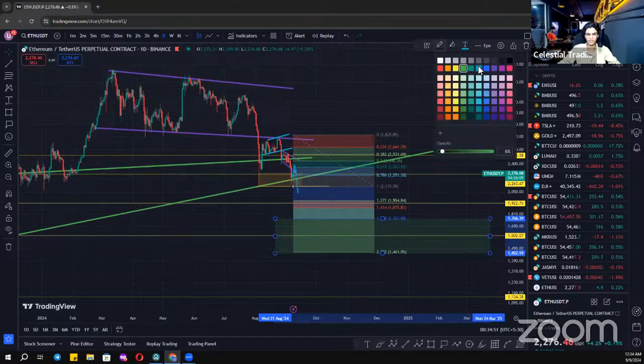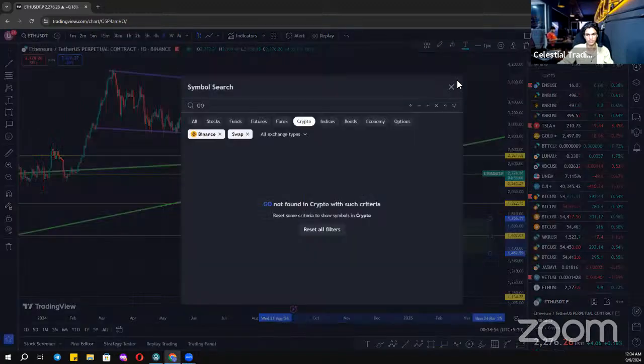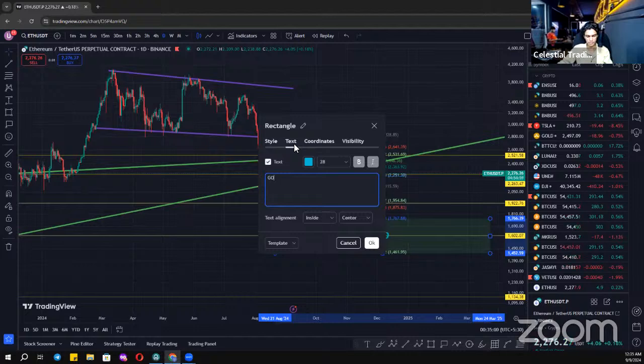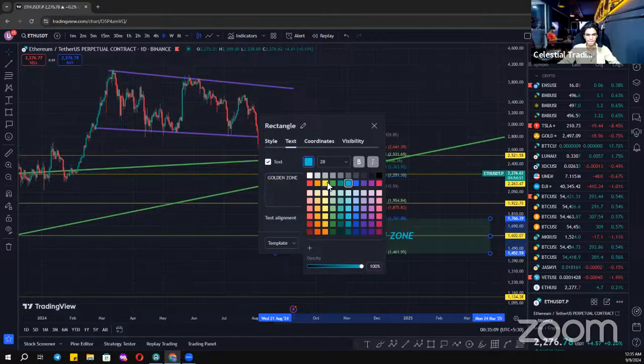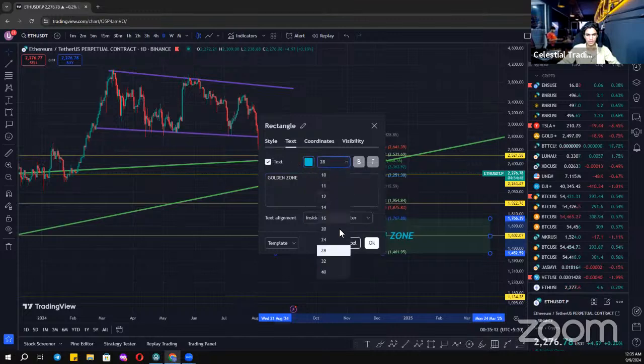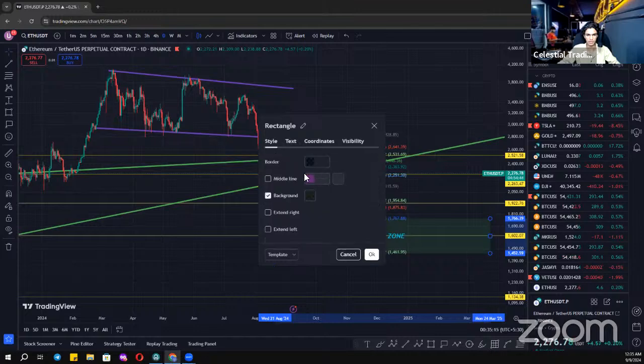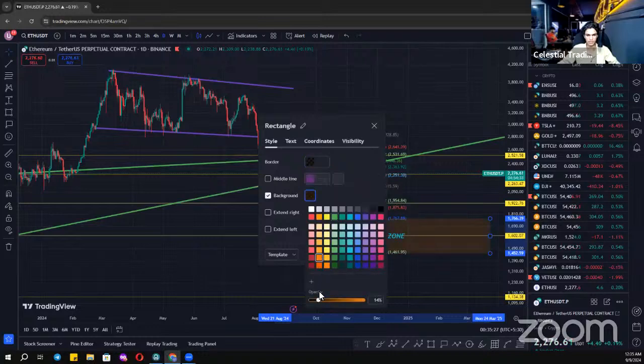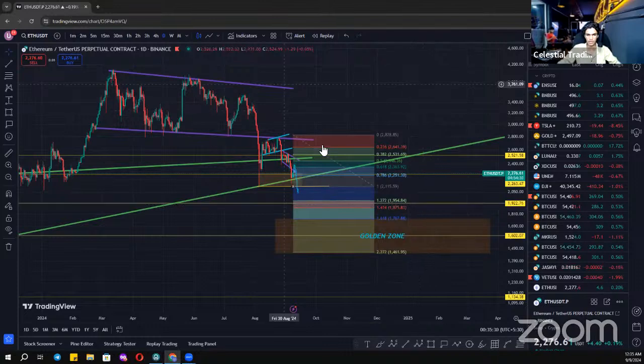Again, we have to make this golden zone. Okay, that doesn't matter. We need gold. Background is also gold. You see, we have a gold area over here.